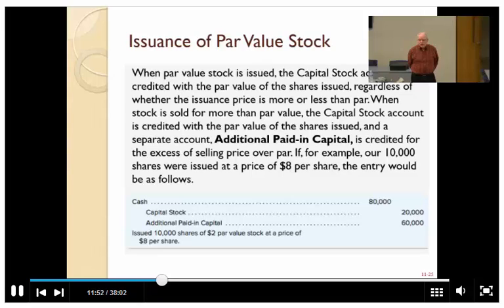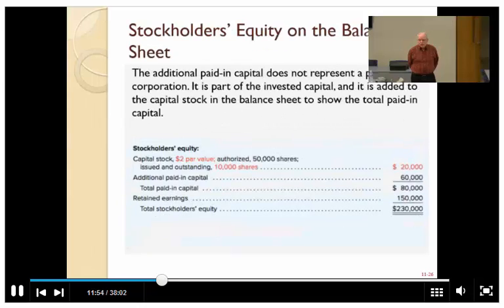All right, now again, as I indicated, when you present stockholders' equity on the balance sheet, you have to say capital stock, $2 par value, authorized, I believe it's 50,000 shares, issued and outstanding 10,000. That is required information.